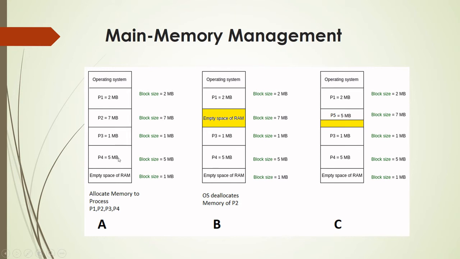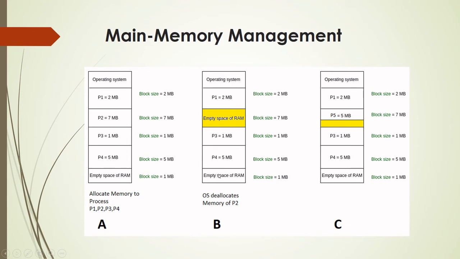When a process completes its execution, the responsibility of the operating system is to release the memory. So in this case, suppose P2 has completed its execution, so the memory is deallocated from P2. You can see the empty space as it has been deallocated. Now this free space and this free space are available.